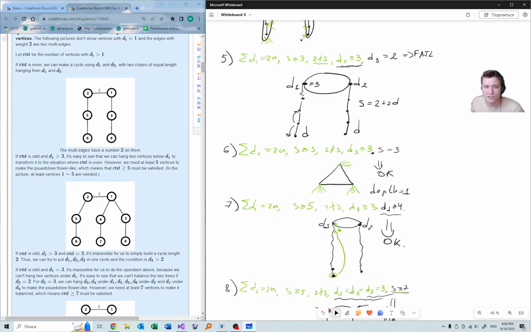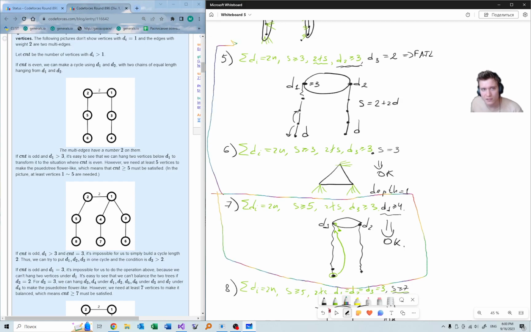Okay, let's fix it. So here we have, for example, we put it here. We say that now we have that d1 is at least 4. And here we only know that d2 is at least 3. But we actually only need d1 is at least 3.